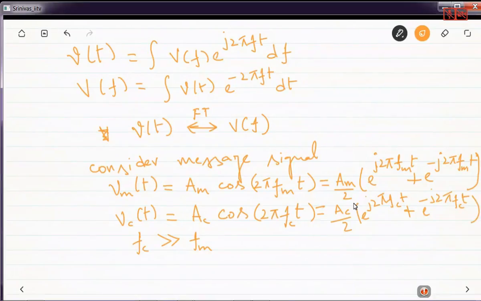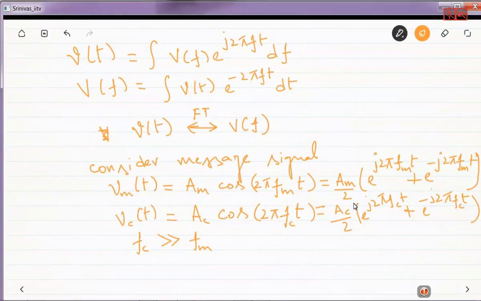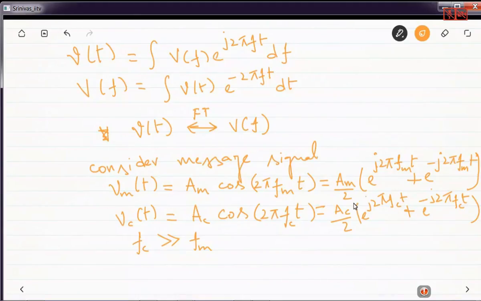Our claim is, if we multiply this Vm of t with Vc of t, we will get the frequency translation. Let us see whether it happens or not.